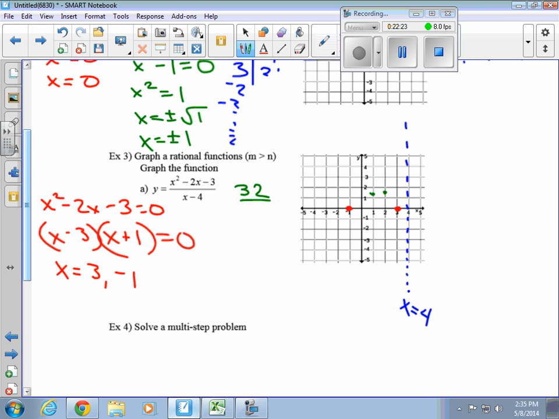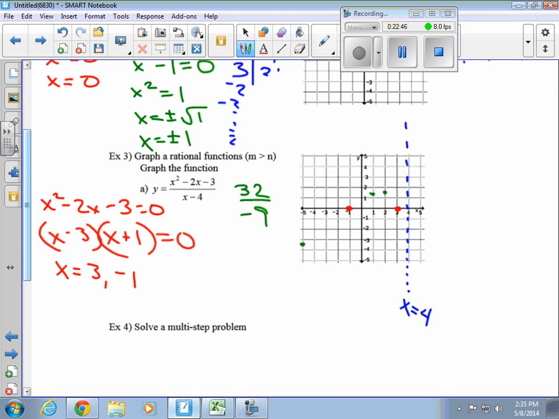And then what's negative 5 minus 4? Okay, so what's 32 over negative 9? Negative 3.55, so somewhere in here. Now, that's enough to give us a general idea what this graph's going to look like, right?